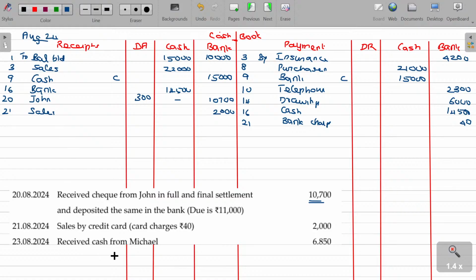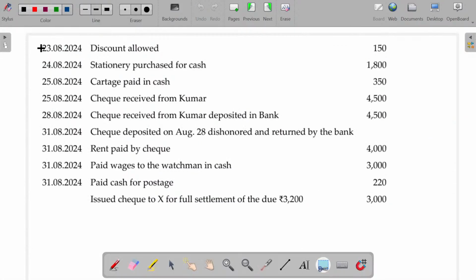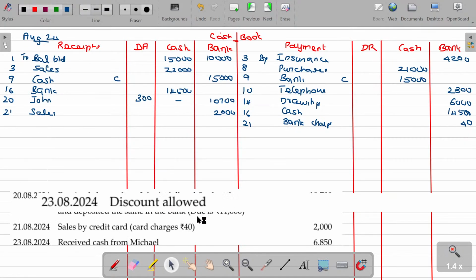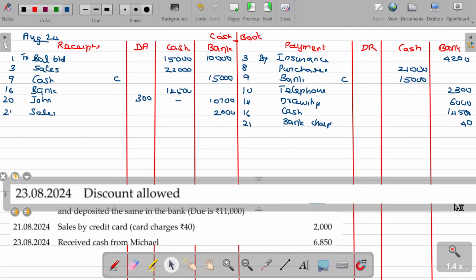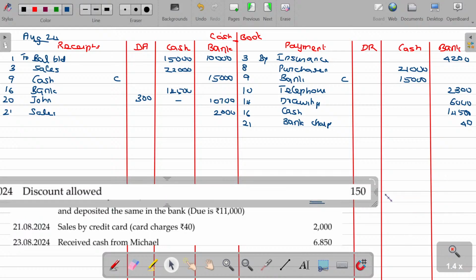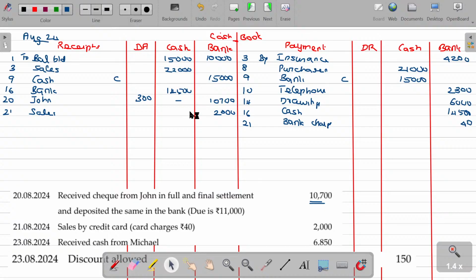Received cash from Michael, 6,850, and it is in association with this one. The next line is here. So 150.